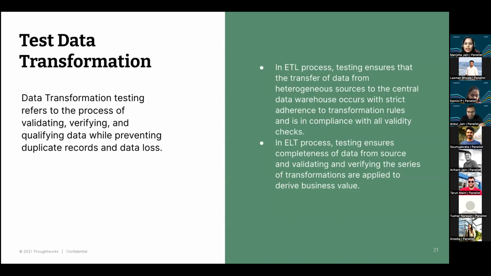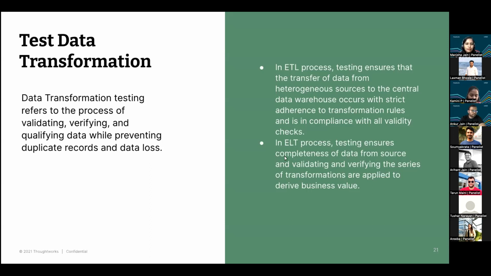We just ensure that data is complete, meaning that all the rows from the source have reached the persistence layer, the storage layer, and on top of that, all the transformation that we apply, we start validating and verifying them, and they'll be applied in series, like we saw in the earlier example. There is staging layer, then there is fact layer, and then there is the final data set, right? So these are the series of transformations, and in the ELT process, we verify these series of transformations, right?